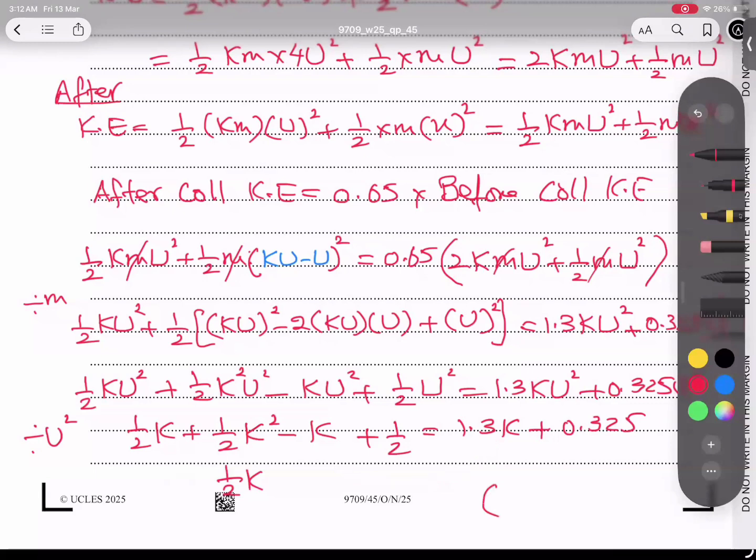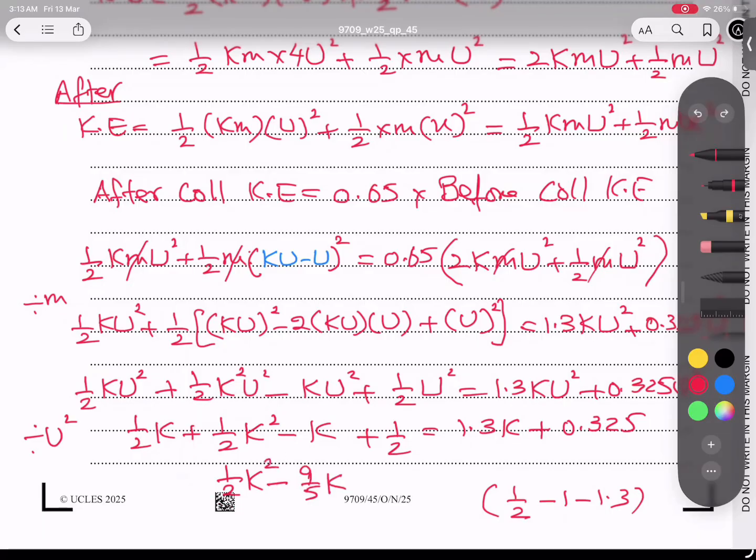Basically, I'm typing in the calculator half minus 1 and negative 1.3, so I'm getting negative 9 over 5 k. And here k square I have already.